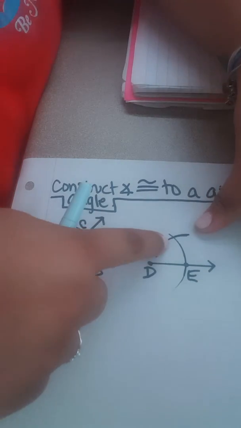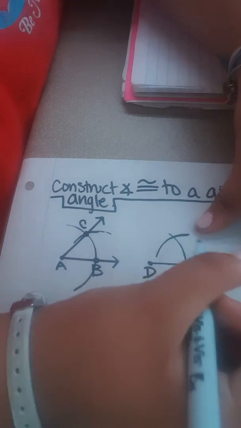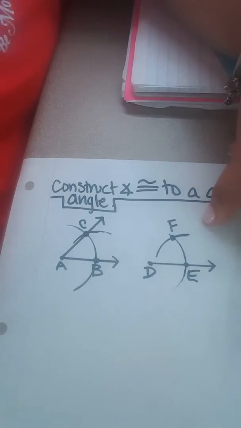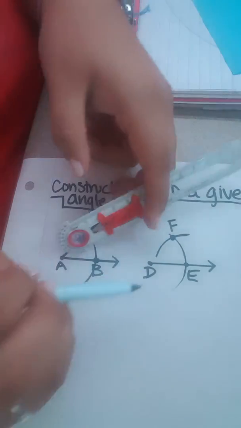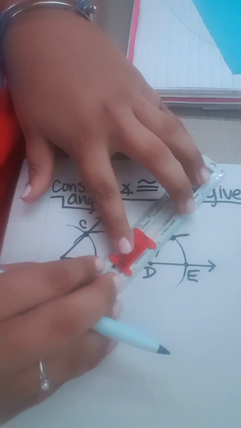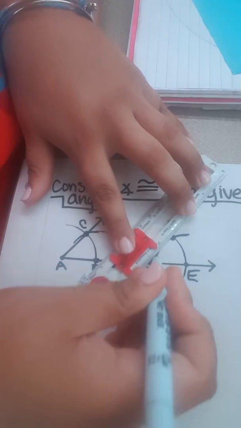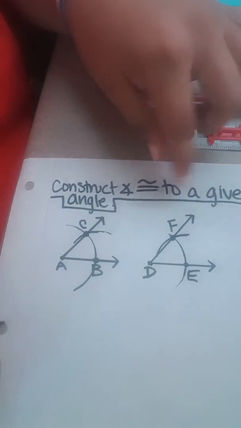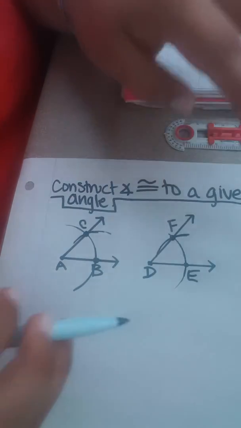That intersection is congruent with that intersection, so we can make a point right there, and we're going to call that point F. Now we can just connect our points. And that's how you make two congruent angles with a given angle.